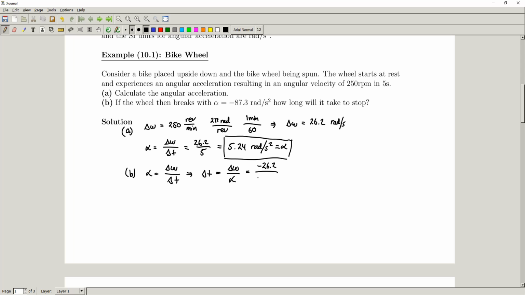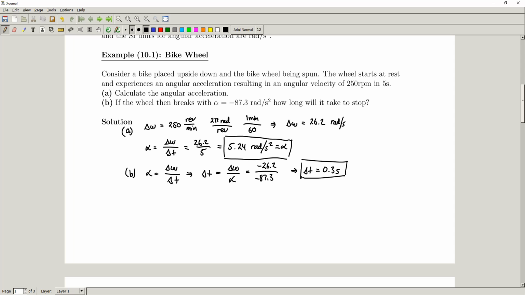We're told that alpha is negative 87.3 radians per second squared, and if we feed this into a calculator, we find that our change in time, delta t, is about 0.3 seconds. So it takes 0.3 seconds to slow down from 26.2 radians per second to 0 radians per second if we apply this negative angular acceleration of negative 87.3 radians per second squared.